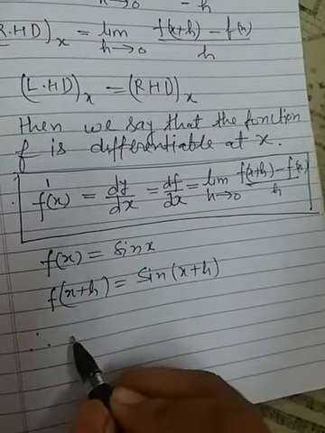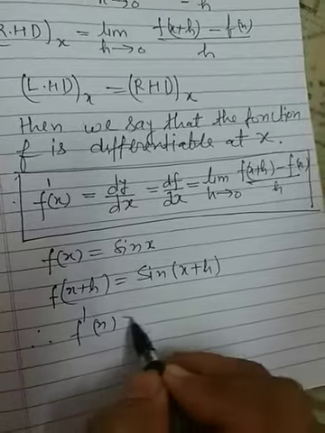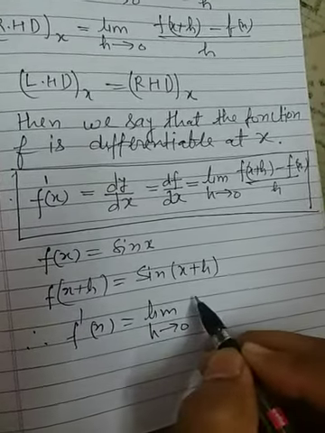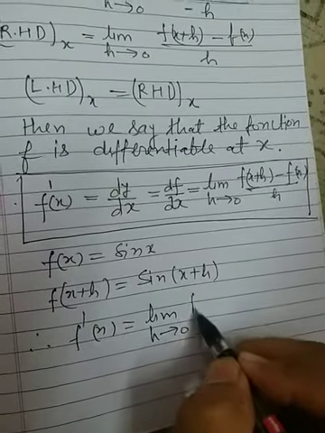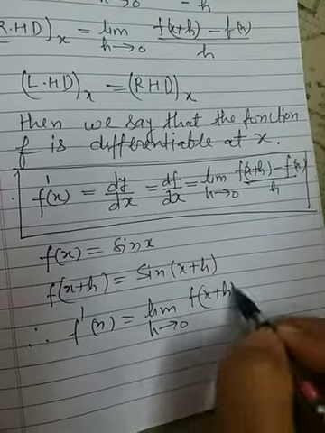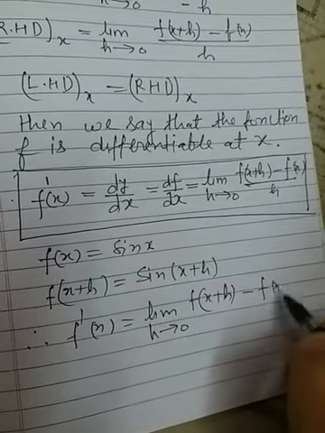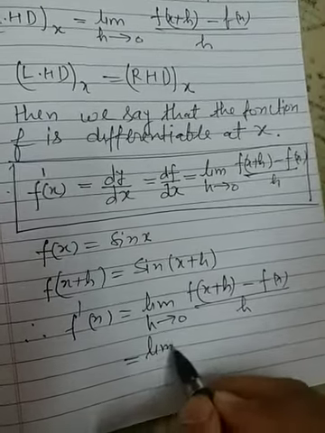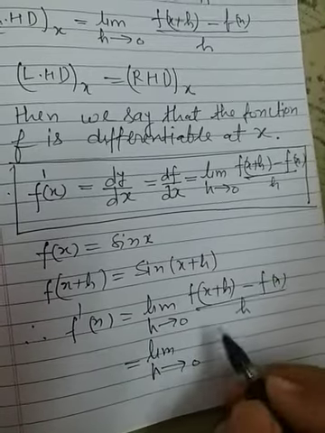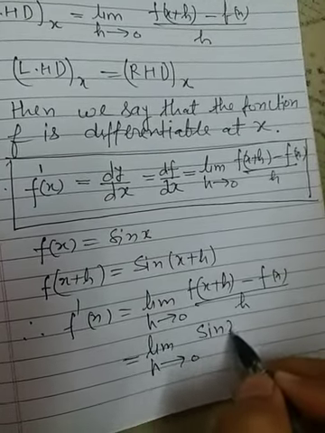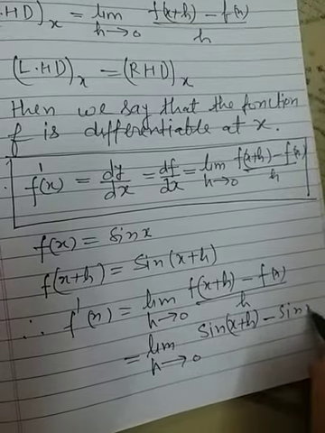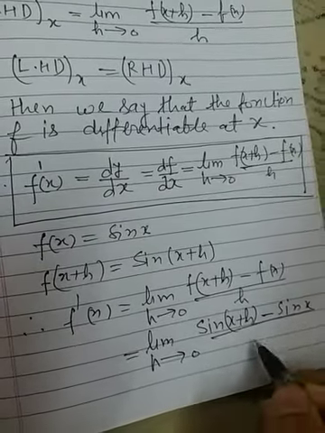Therefore, by first principle, f dash x equals limit h tends to 0 (f(x+h) minus f(x)) by h. This is limit h tends to 0, f(x+h) means sin(x+h) minus sin x upon h.